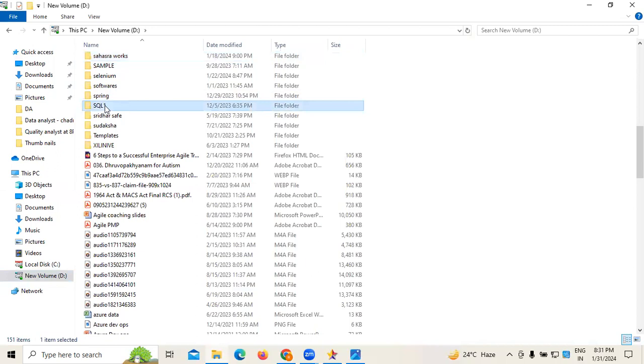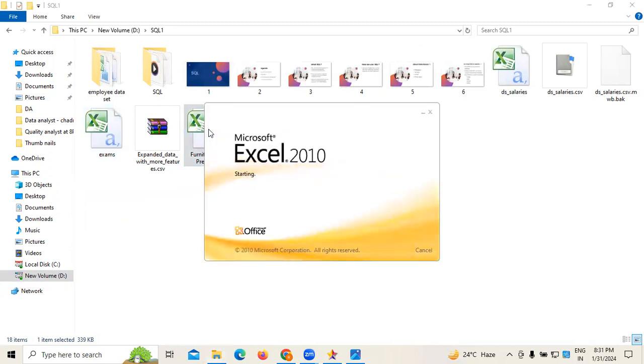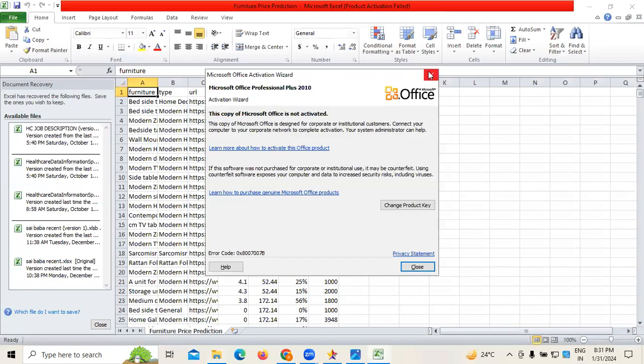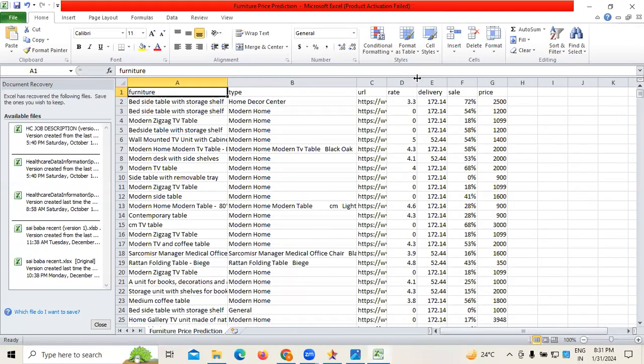There is a sample Excel I have. For example, this is furniture price prediction data I have taken. This is how the data is usually available, on an Excel sheet. Usually, whatever data we see is on an Excel sheet.